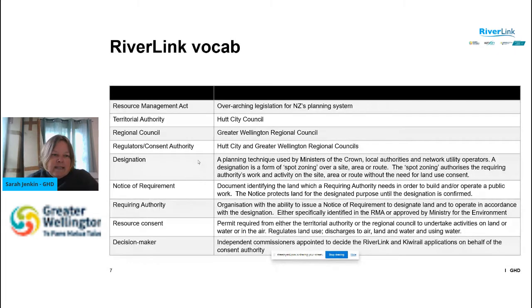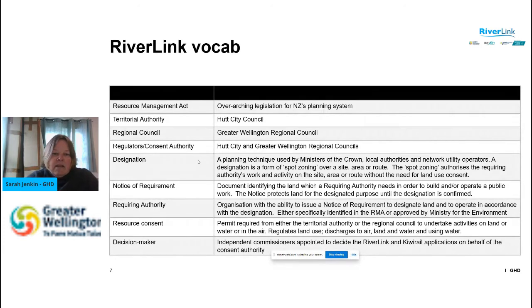You start a designation with a notice of requirement, which is a document that identifies the land that's required in order to build and operate that public work. And so the RiverLink application includes a number of notices of requirement for different aspects of the project.